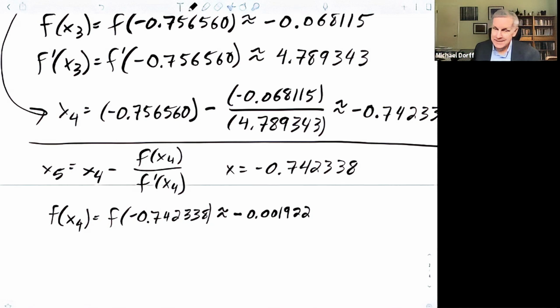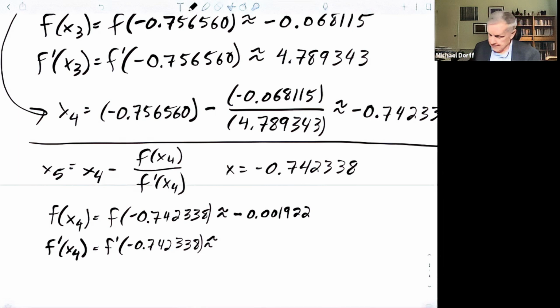The closer that gets to 0, that means my value for x sub n is going to be not much different than the previous one. And then I look at the derivative, f prime at x sub 4, so that's f prime at negative 0.742338. And when I do that, I get 4.521410.